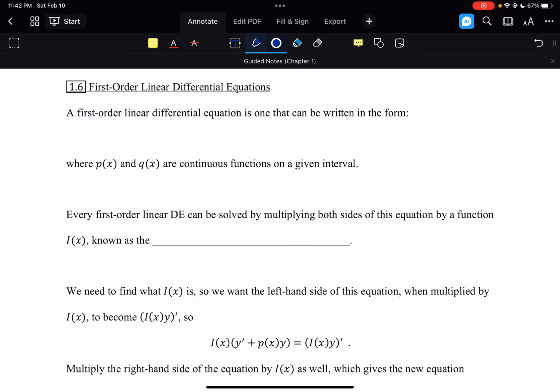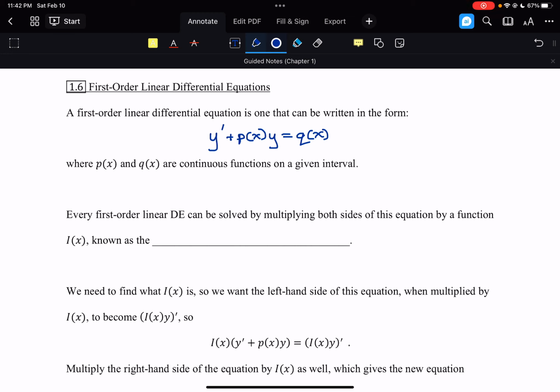So a first-order linear differential equation is one that can be written in the following form, that is y prime plus p of x times y equals q of x.